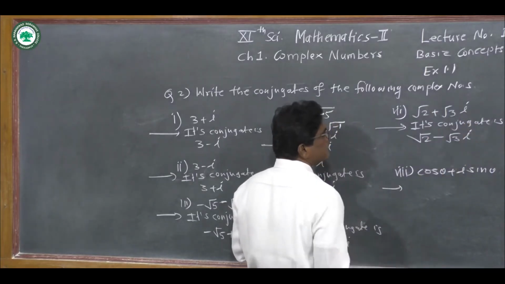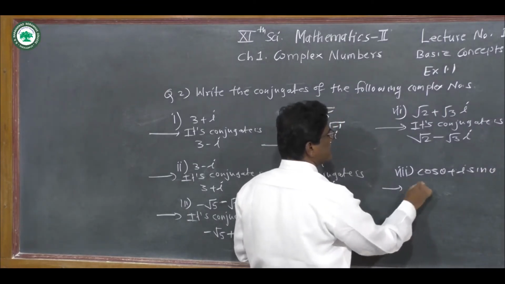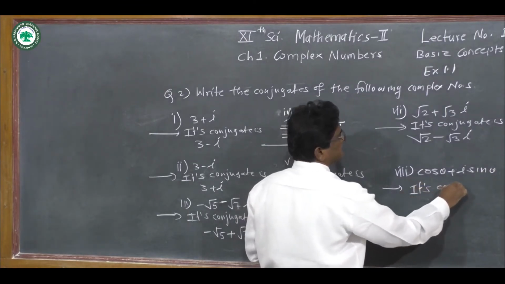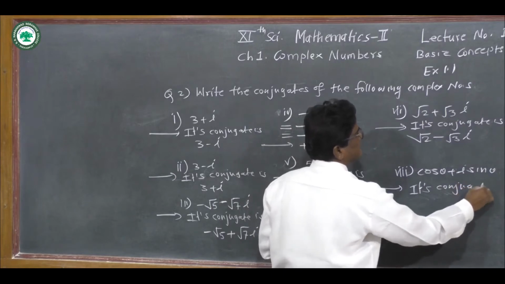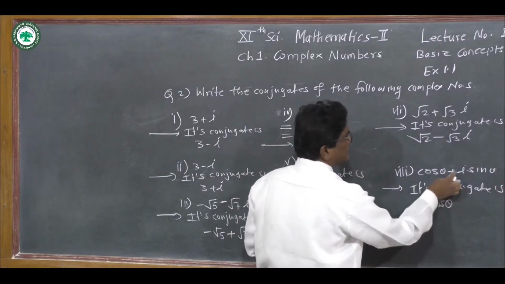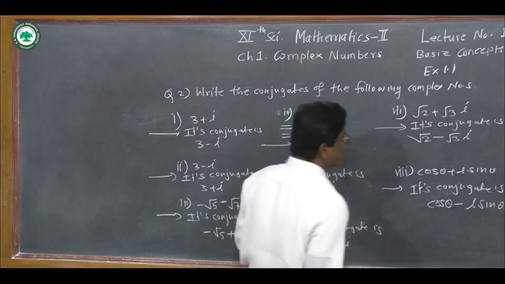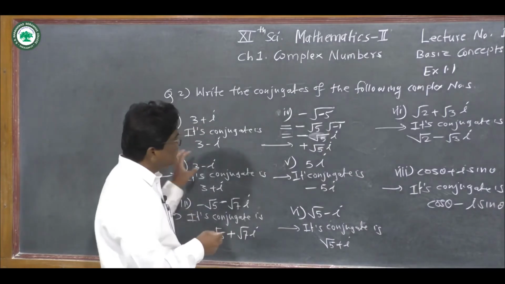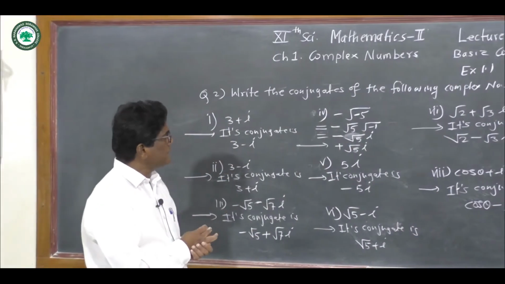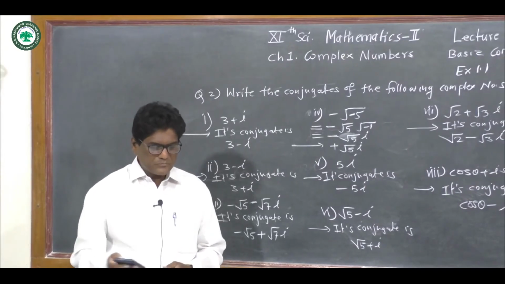And the last one, change the sign of the imaginary part, so its conjugate is cos theta, we change this plus to minus, i sin theta. So in this way we get the conjugates of all complex numbers. So we have completed question number 2 also.